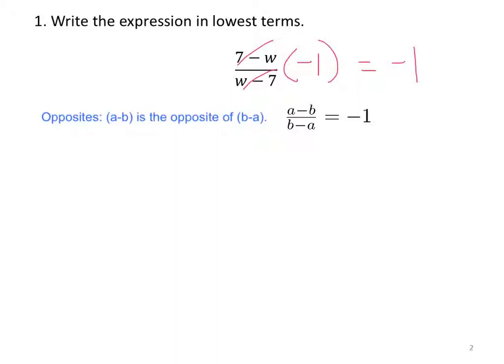So that's your answer. Notice that this only works when two things are subtracted. If they're added, this does not work. So for a plus b, the opposite is -a minus b, and that doesn't help you. So a minus b and b minus a are opposites.